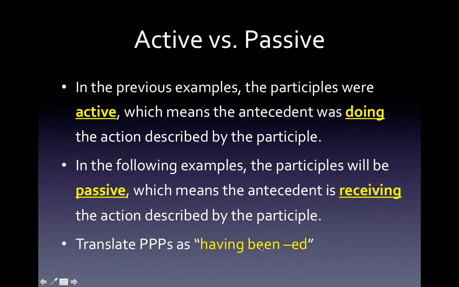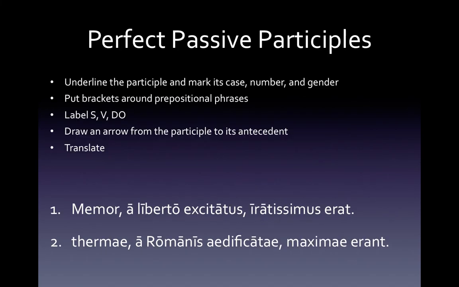This having been needs to be in there for pretty much every single one of them. There's a few where it just doesn't work because the English sounds kind of clunky. But having been loved, or having been cooked, or having been read. That's how you're going to translate perfect passive participles.